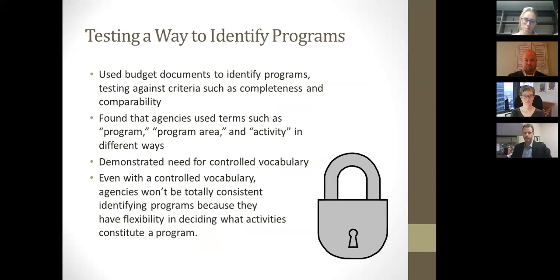And DHS sometimes used the terms program and program area interchangeably to refer to the same effort. And I want to be really clear, we're not criticizing these agencies. The variations in agency structure, history, mission, that kind of thing, can lead to these differences. It's just the fact that how agencies use these organizing concepts varies, and that simply shows that identifying programs presents significant challenges for an inventory that's supposed to yield that coherent picture of federal programs. And so this testing that we did really just demonstrated the need for a controlled vocabulary.